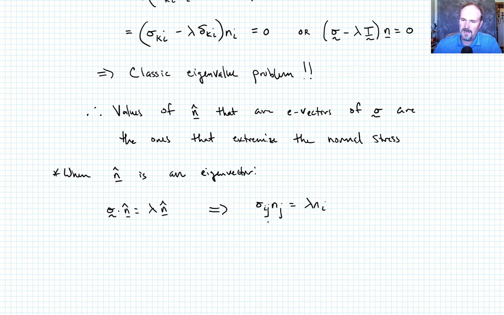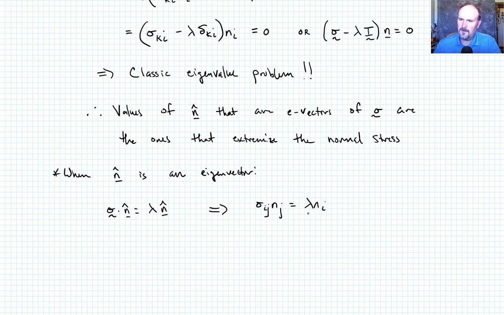This is our traction vector Ti. It says that when n is an eigenvector, the traction vector of the stress tensor on that plane n gives back some multiple of our unit vector n, which means our traction vector is in the direction of the unit normal. So the only stress we have on that plane is a normal stress.